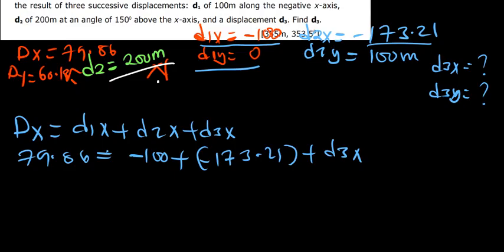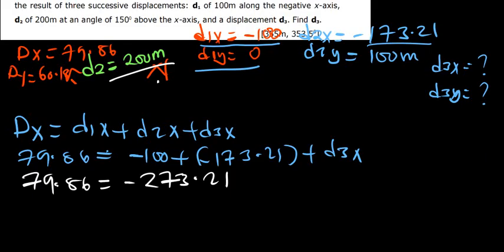So I'm getting 79.86 should be equal to negative 273.21 plus d3x, like that.